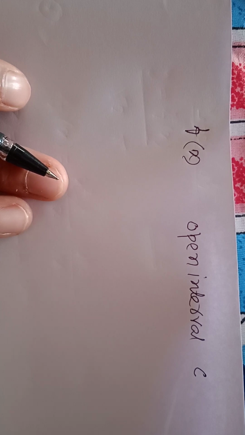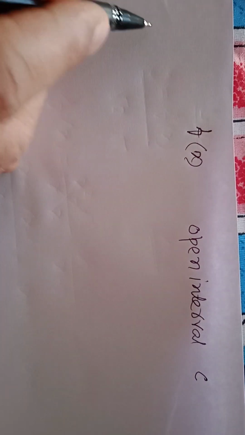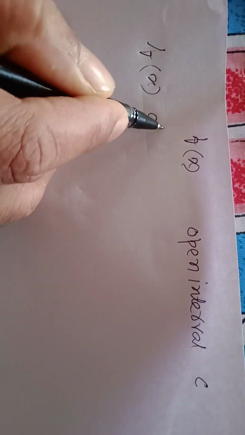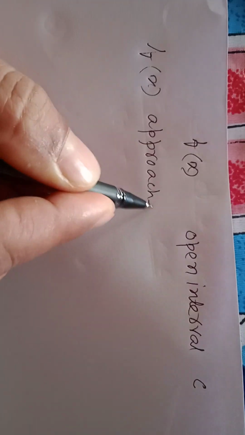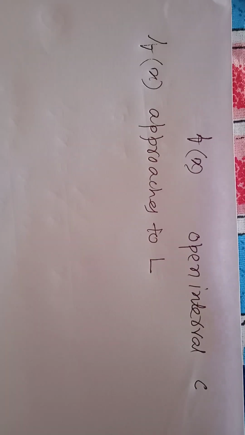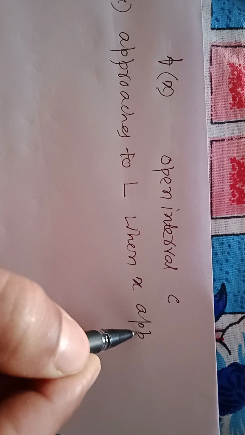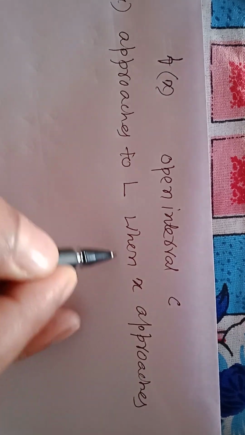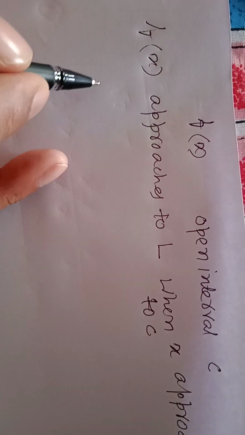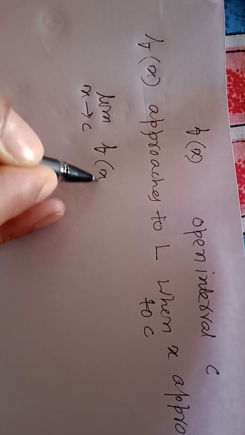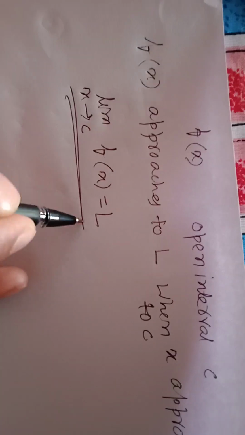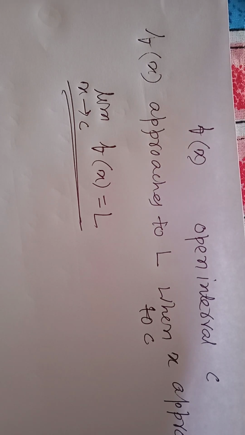Then if f(x) approaches L when x approaches c, we can say that the limit as x tends to c of f(x) equals L. This is the informal definition of limit.